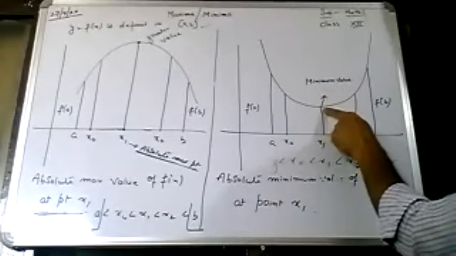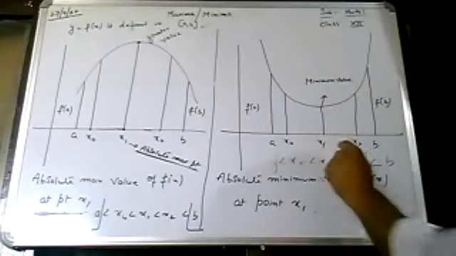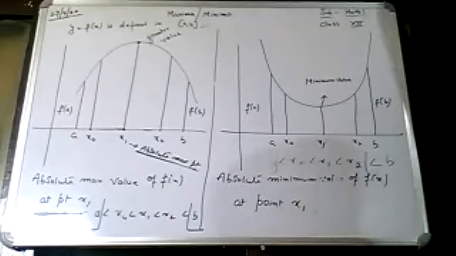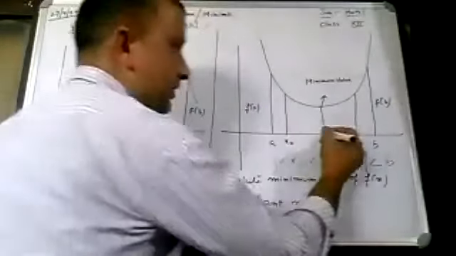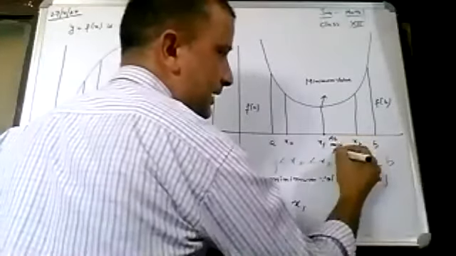The point where the value of the curve is minimum is called the absolute minimum point, and this is the absolute minimum value.